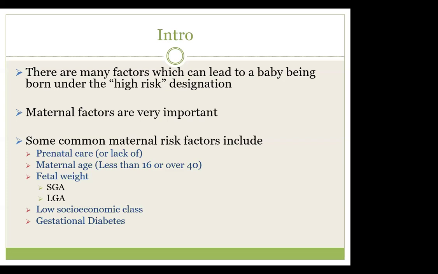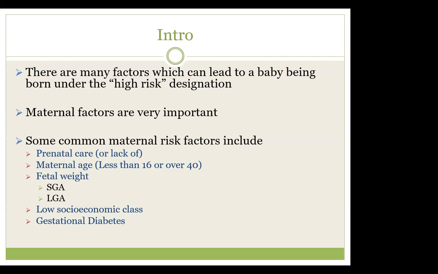Another common risk factor is fetal weight. This is why we do ultrasounds that will give us an estimate of what the baby's weight is. As we talked about in development of the lungs and heart, we know where those milestones should lie.